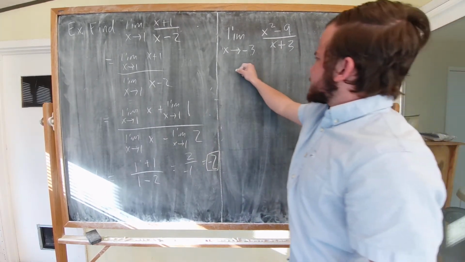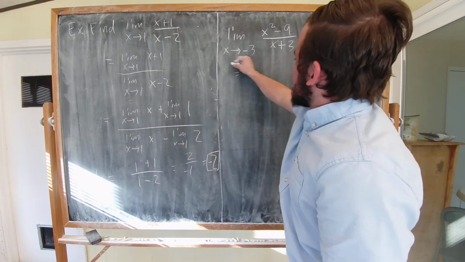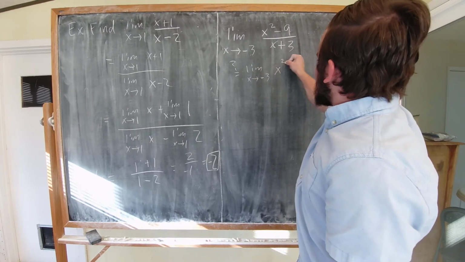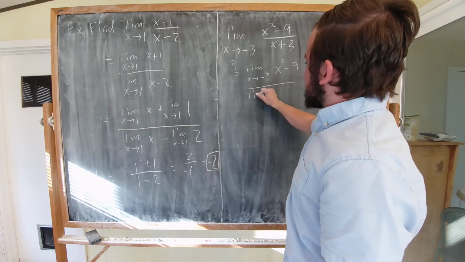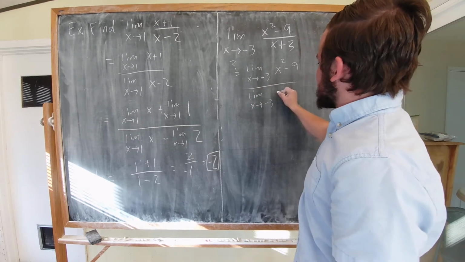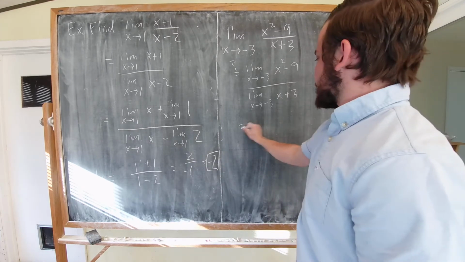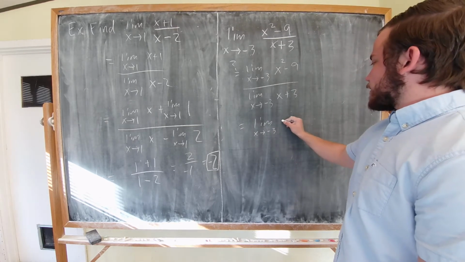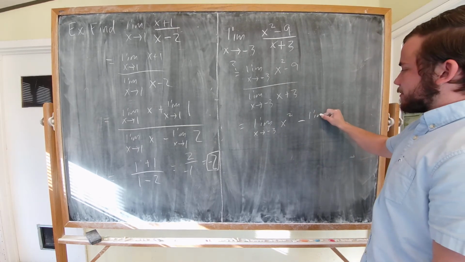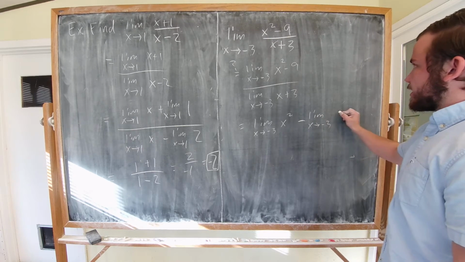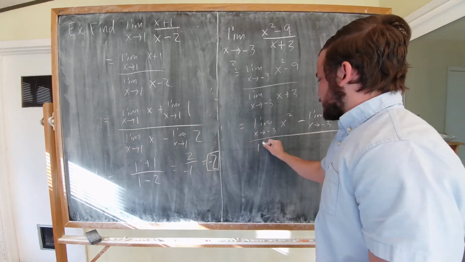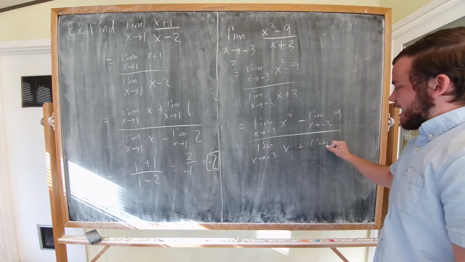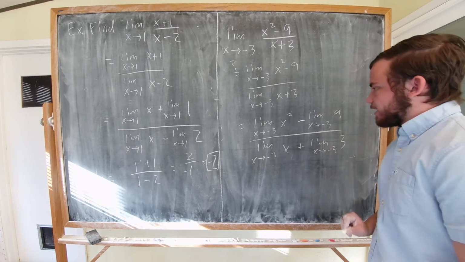Well, this is maybe the limit as x goes to -3 of x squared minus 9 over the limit as x goes to -3 of x plus 3, limit as x goes to -3 of x squared minus limit as x goes to -3 of 9 over limit as x goes to -3 of x plus limit as x goes to -3 of 3.